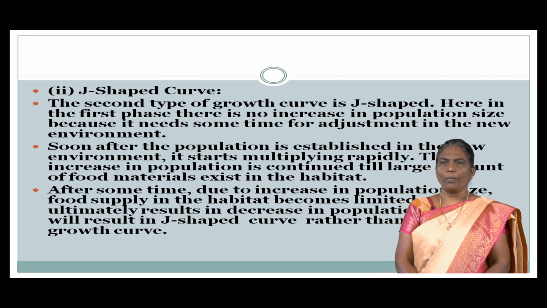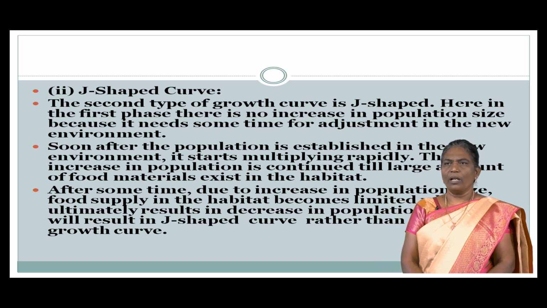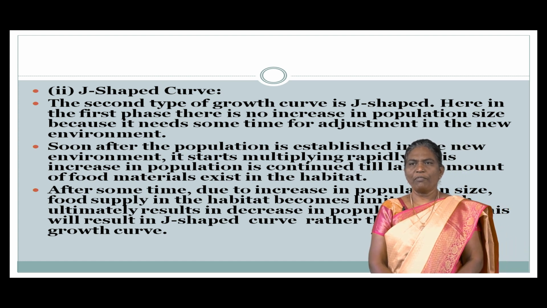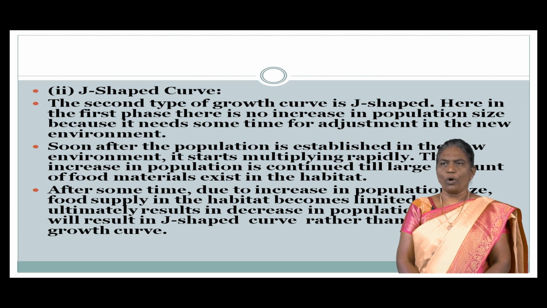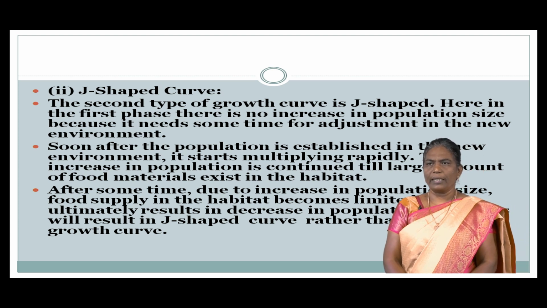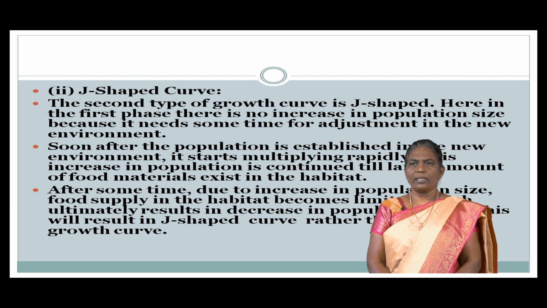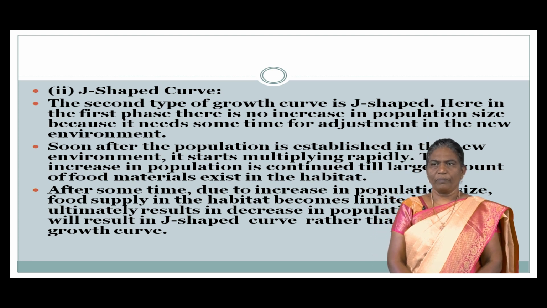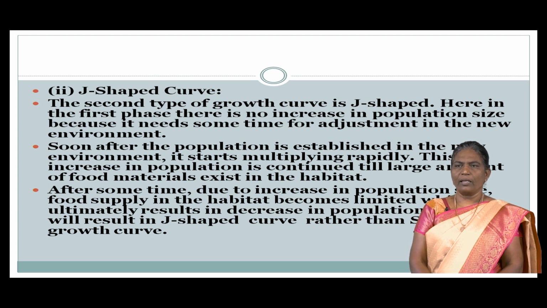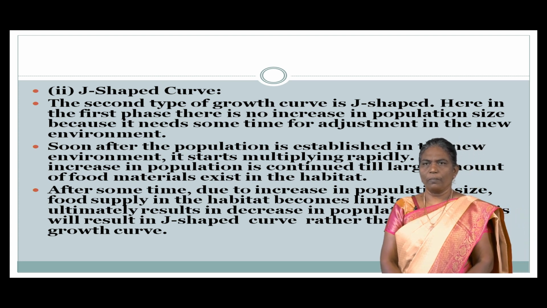This increase in population continues till large amount of food materials exist in the habitat. After some time, due to increase in population size, food supply in the habitat becomes limited, which ultimately results in decrease in population size. This will result in J-shaped curve rather than S-shaped growth curve.